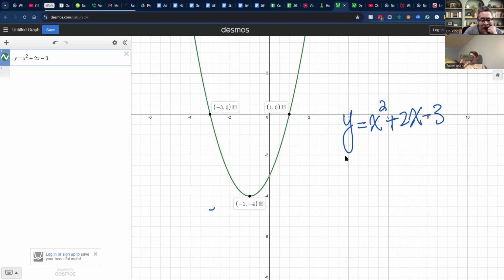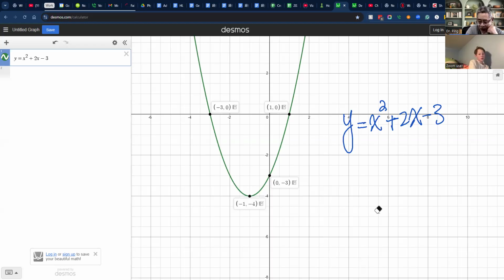Good. And those are our x-intercepts. Lastly is this one, 0, negative 3. Good, thank you. It's kind of different from the order you got down here, but we just want to make sure that we are good with the names of those points.